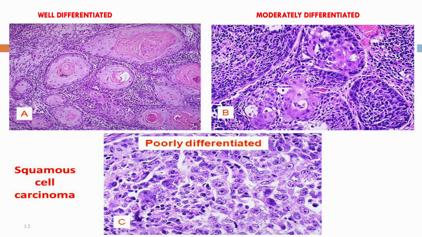So these are the keratin pearls. You can see the concentrically placed keratinization. This is the picture of well differentiated squamous cell carcinoma, this is moderately differentiated and this is poorly differentiated. And these are the keratin pearls.